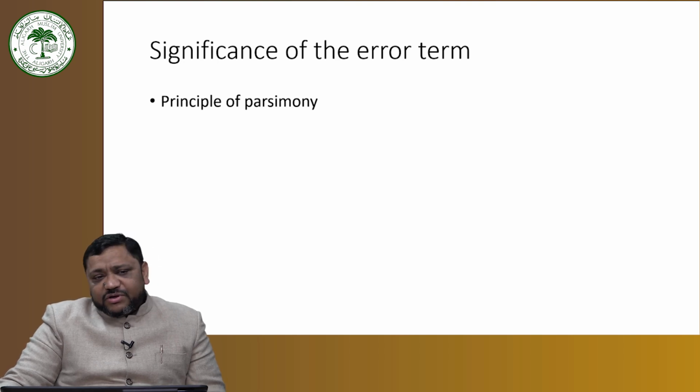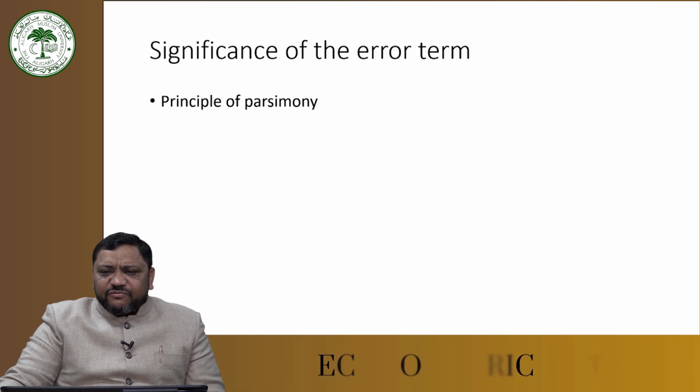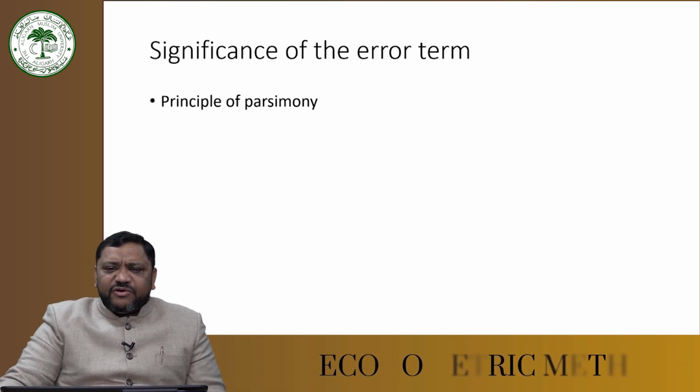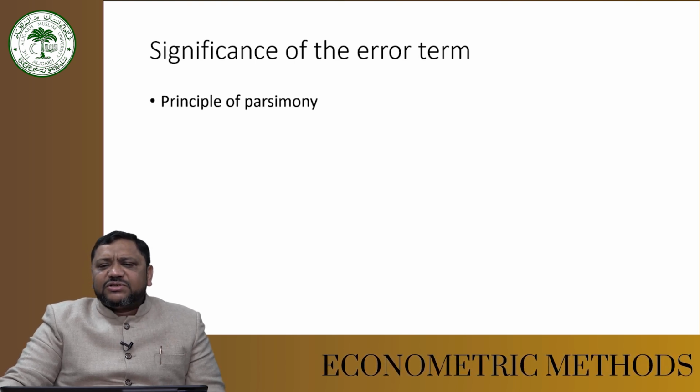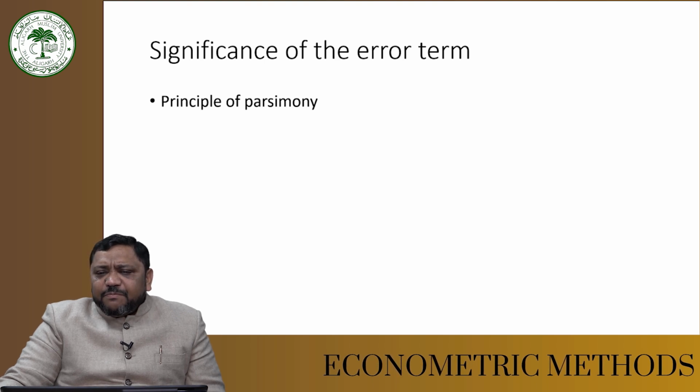Then we come to the principle of parsimony. Adhering to Occam's razor principle, we aim to maintain simplicity in our regression model. The simpler, the better. If we can adequately account for the behavior of y with, say, two or three explanatory variables, and our theory lacks a robust suggestion for additional variables, there may be no need to introduce many more variables.